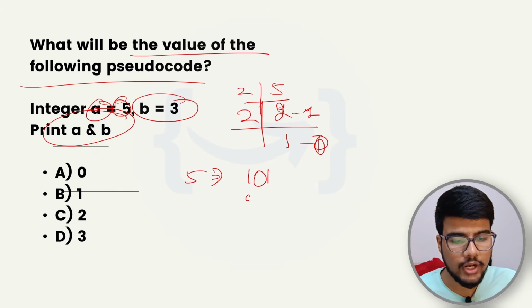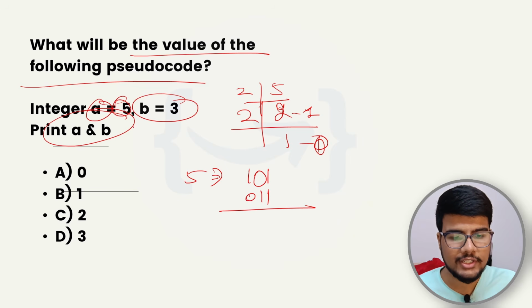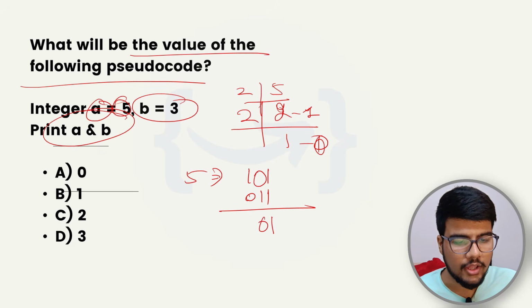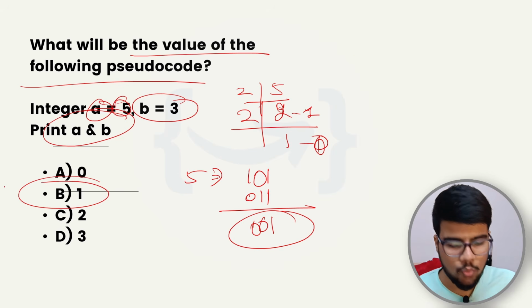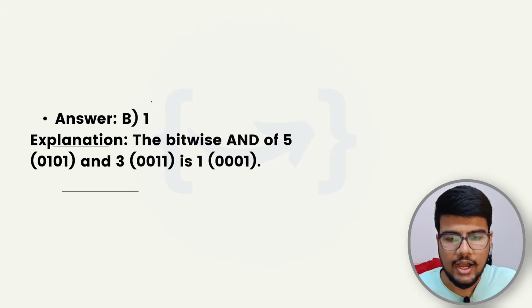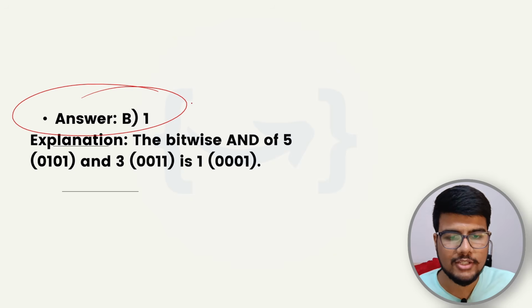And for 3, I know that it becomes 0, 1, 1. So if it is AND, I know if both are set bits, it becomes 1. So 0, 1 will become 0 here, and 1, 0 will become 0. So yes, the answer is 1. Let me mark 1 and let's see the answer. Yes, the answer is 1, and I got plus 1 marks.